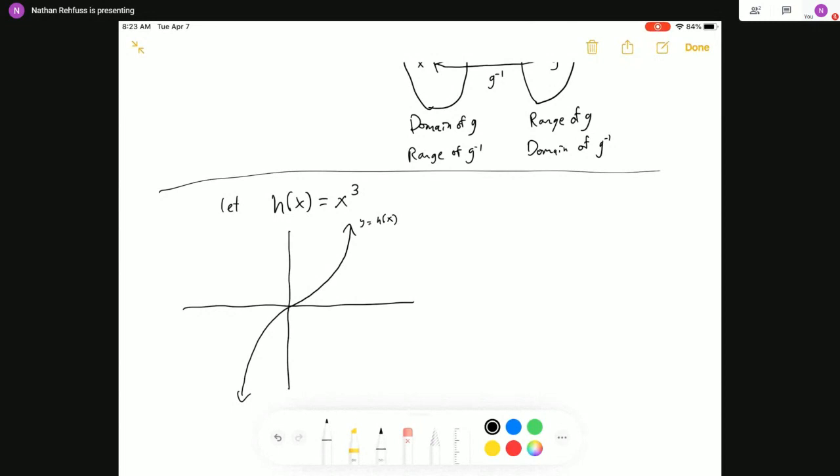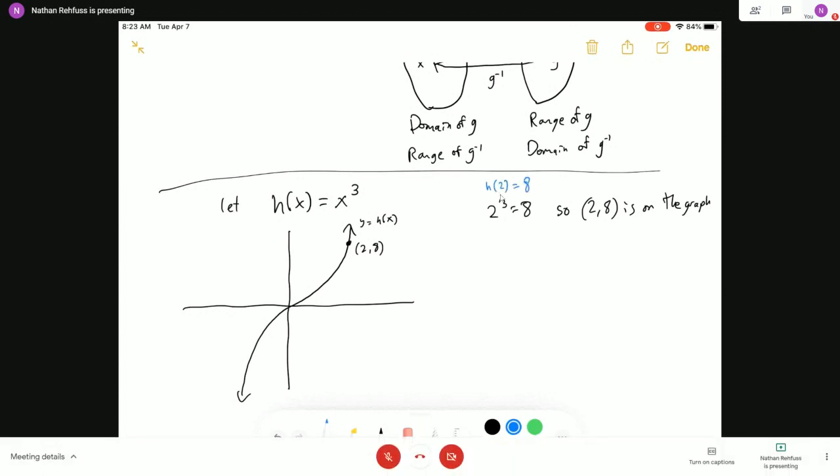Let me see here. What's a point on this graph? How about 2, 8? Because 2 cubed is 8. So 2, 8 is on the graph. In other words, I'm saying since h of 2 equals 8, 2, 8 is on the graph.